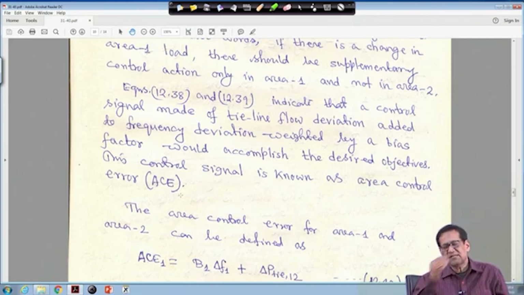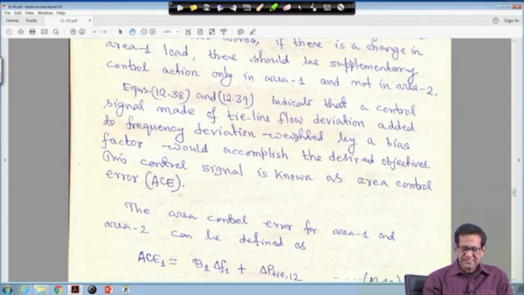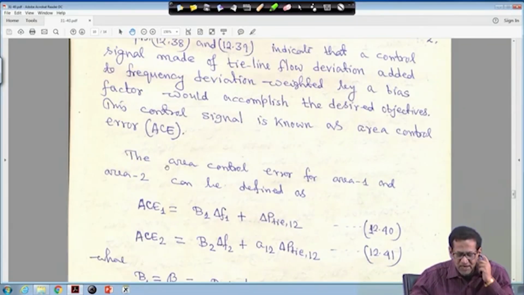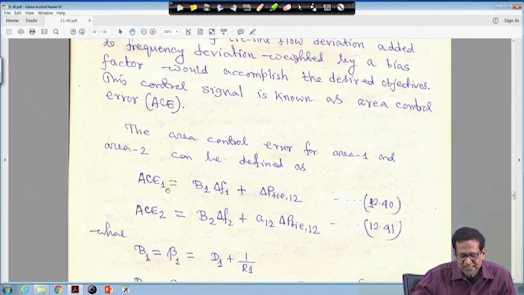So area control error is basically a function of frequency deviation and tie power deviation. The area control error for area 1 and area 2 can be defined as ACE1 equals B1 into delta F1 plus delta P tie 1 2, this is equation 40, and ACE2 equals B2 delta F2 plus a12 delta P tie 1 2, that is equation 41.